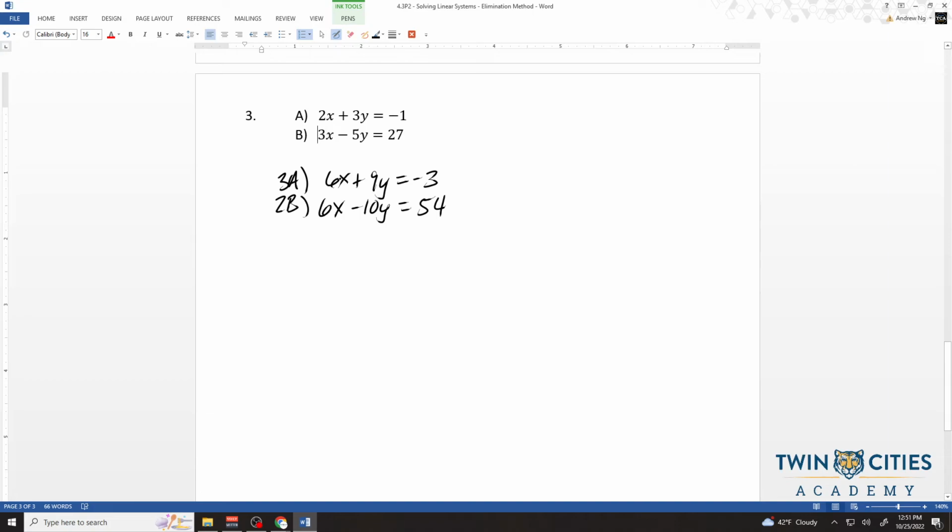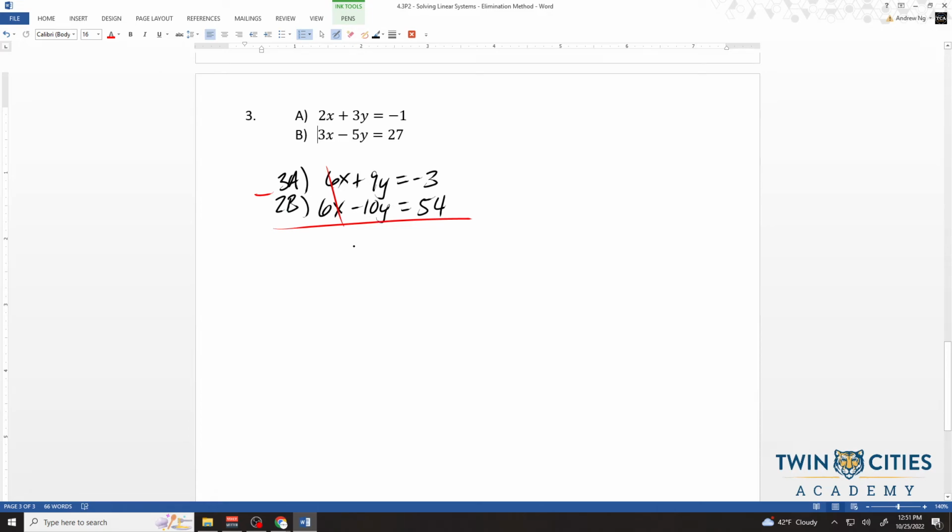Now I see that I've got 6x and 6x. They're exactly the same, and so I can subtract. The x's will go to 0. I'm left with 9y minus a negative 10y. Careful with your negatives here.